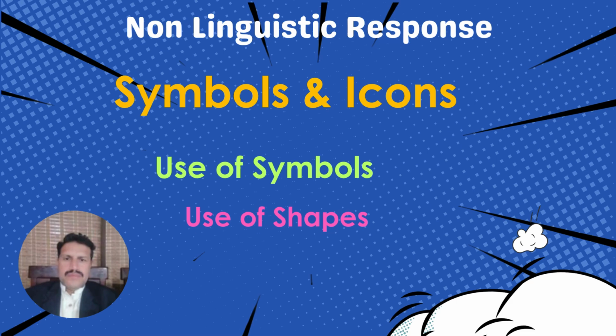Symbols and icons. Symbols and icons are particularly used in literature and art. For example, we have the symbol spring, and spring means regeneration and rebirth. We have the symbol summer, and summer stands for the presence of pleasure. We have the symbol autumn.